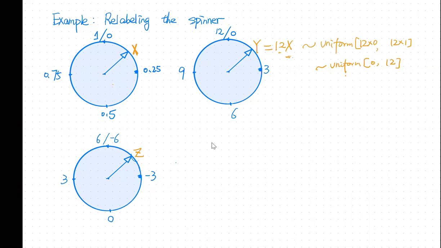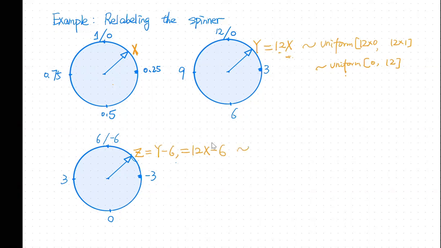And the same spin is the random variable Z, and it's related to Y in the following way. It's Y minus 6. And it's also related to X in this way. It's 12X minus 6.